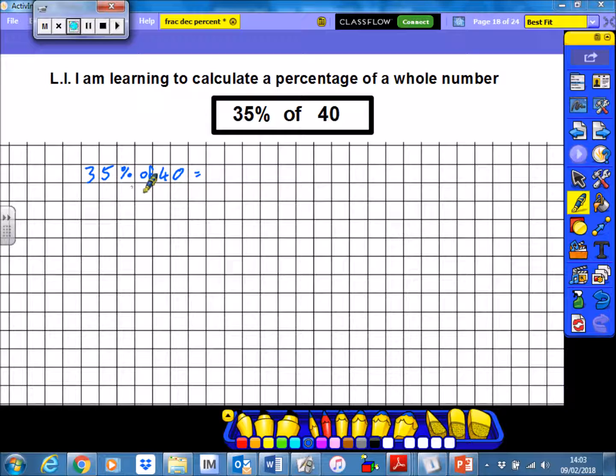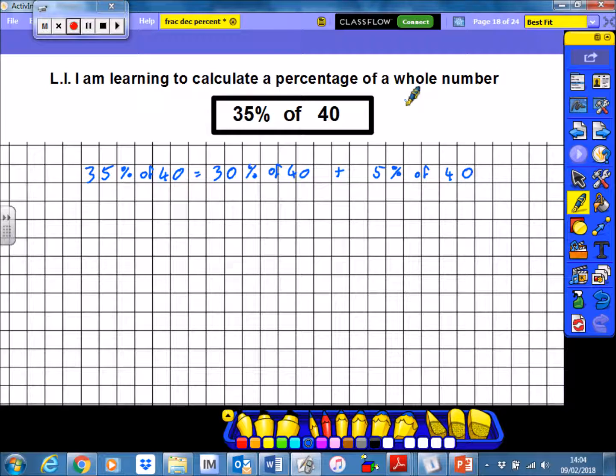Okay, so I'm now being asked what is 35% of 40. Now, the way I see it is 35% of 40 is 30% of 40 plus 5% of 40. The very first thing I'm going to do is just work out what 10% is.